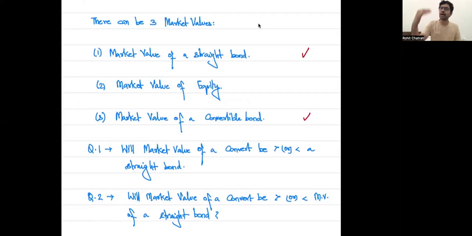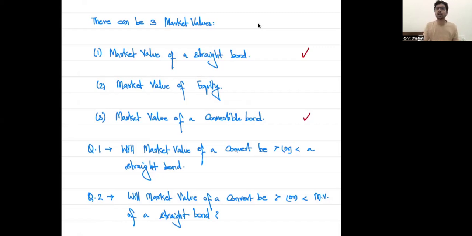Therefore, there's a potential upside that the investor may receive. If the company is doing well, he will convert his bond into equity shares and enjoy the upside potential. Whereas in case of a straight bond, that option does not exist for the investor. So clearly, if you notice, a convertible bond has a better feature compared to a straight bond.